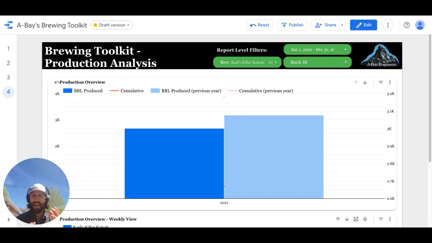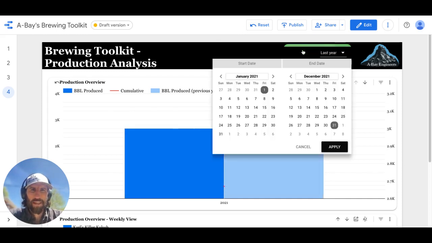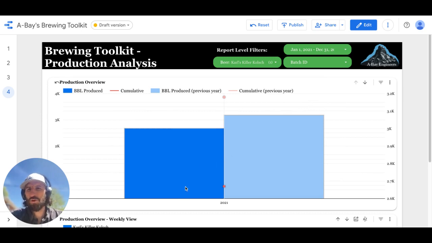So, with that in mind, I'll go through an example here using our dummy data. So you can see we're looking at 2021 and we're comparing to 2020. So on a high level, it looks like we're about 20% down from the prior year in production. That's not really a specific actionable insight.